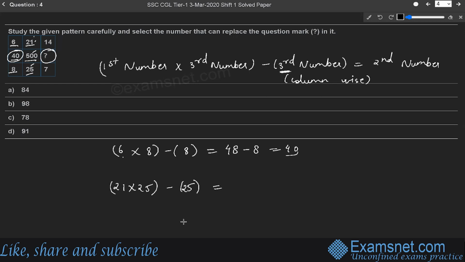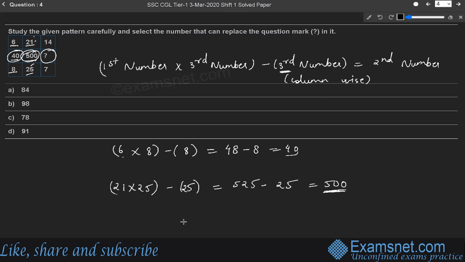This should be equal to the second number, which is 500. Let us solve it. 21 into 25 will be 525, minus 25. So 525 minus 25 will be 500. Again, 500 is the second number.